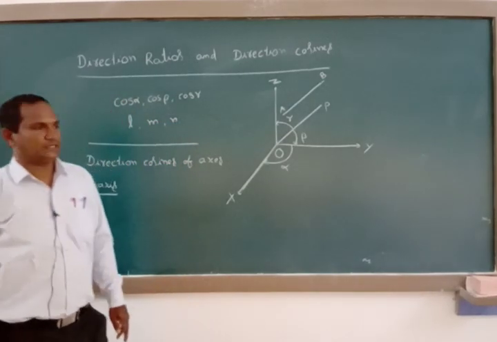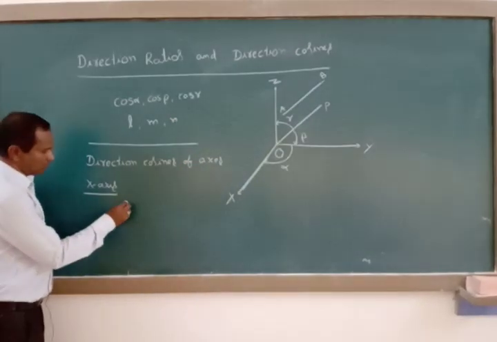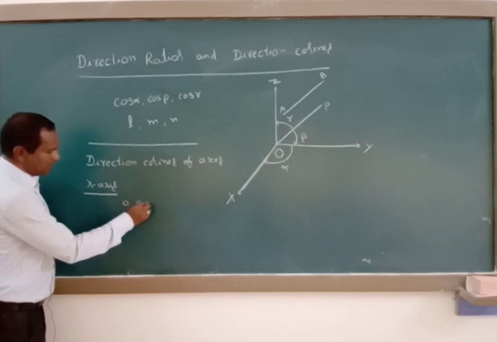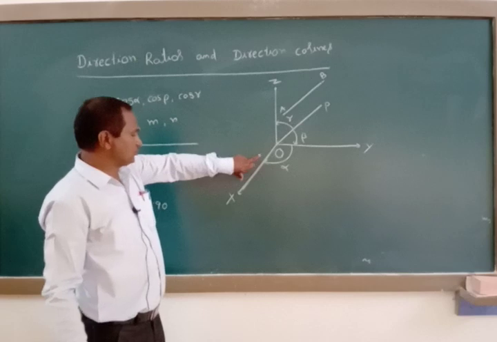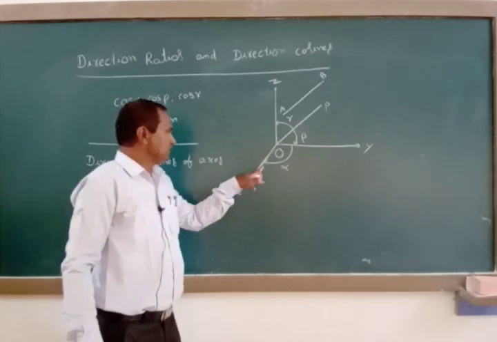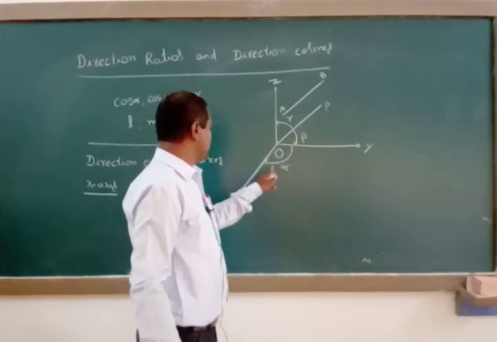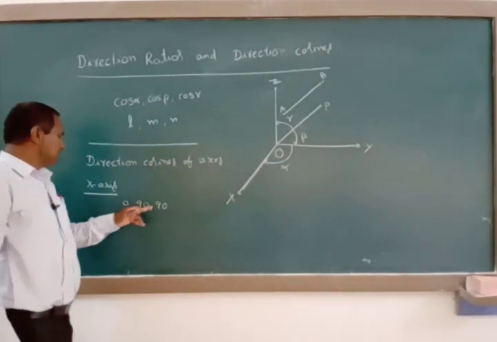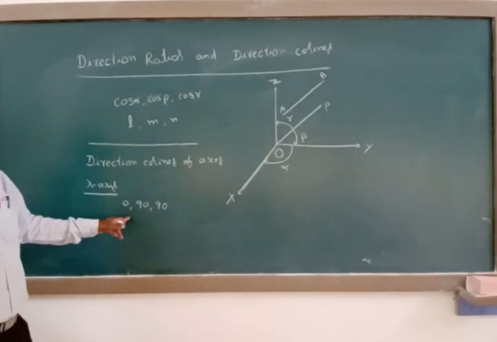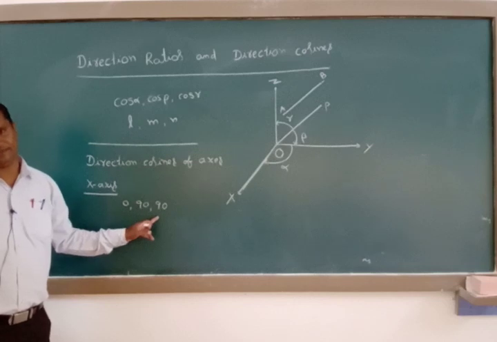So the angles made by the x-axis are 0, 90 and 90, because the angle with the x-axis itself is 0 degrees, and the x-axis is perpendicular to the y-axis and to the z-axis.